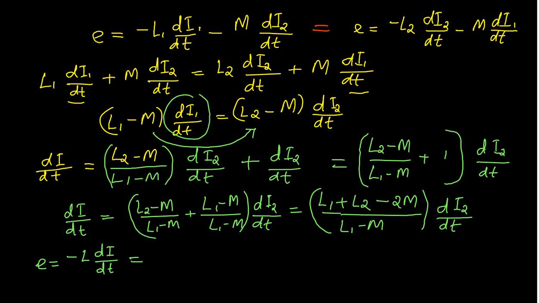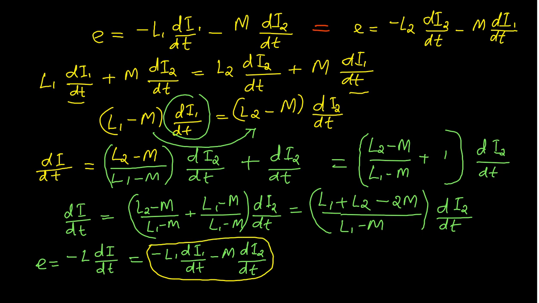Therefore, E equal to minus L di by dt is equal to minus L1 di1 by dt minus m di2 divided by dt. The RHS is the induced EMF in the coil 1.